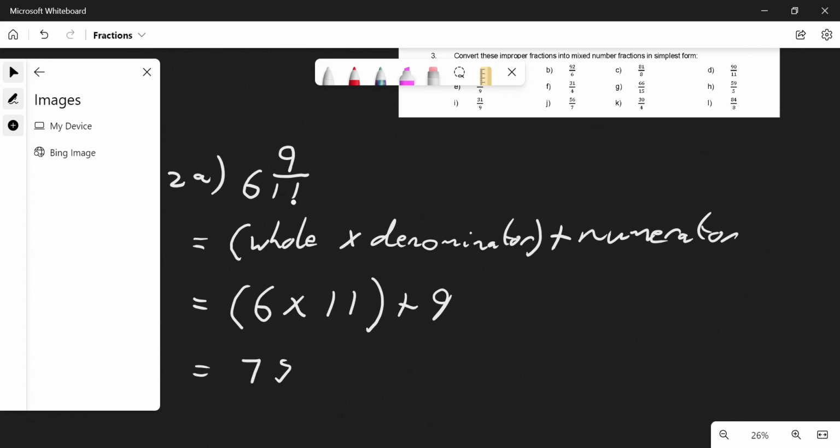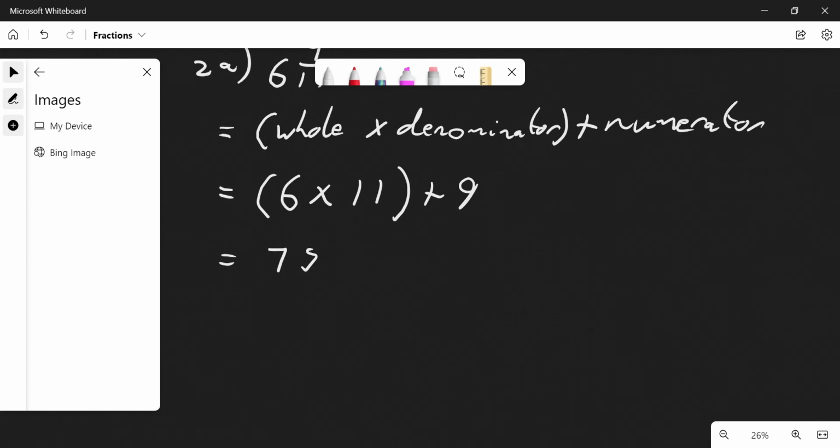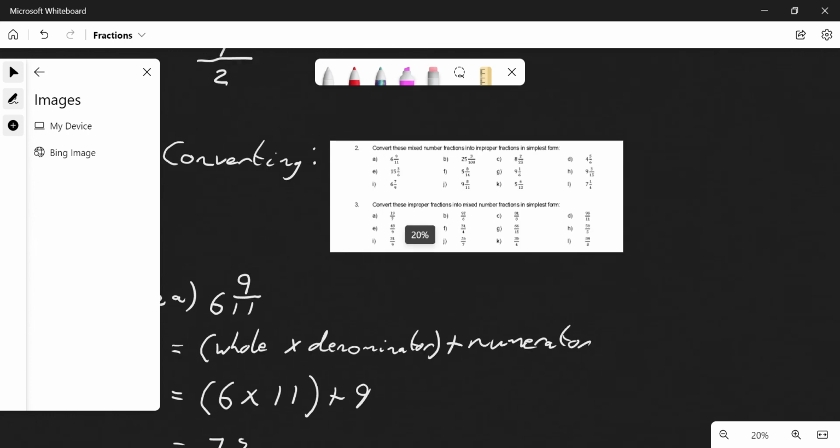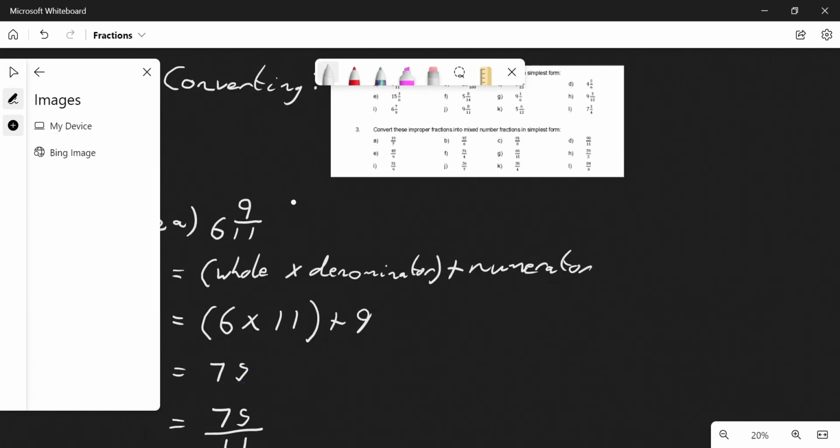And so your improper fraction is equal to 75, and your denominator remains the same, over 11. And you can apply this to any other mixed number you have. It's your whole number times your denominator plus your numerator, and that becomes your new numerator. Your answer becomes your new numerator, and then over the same denominator.